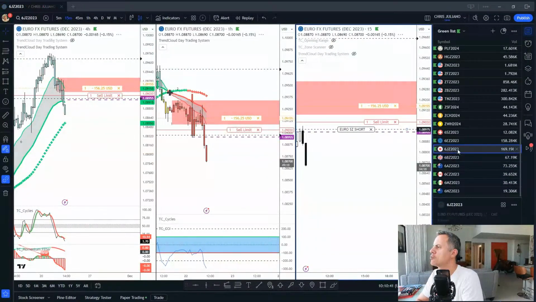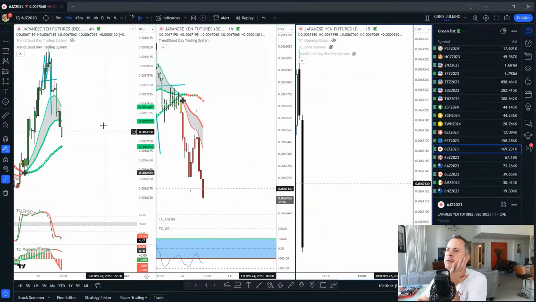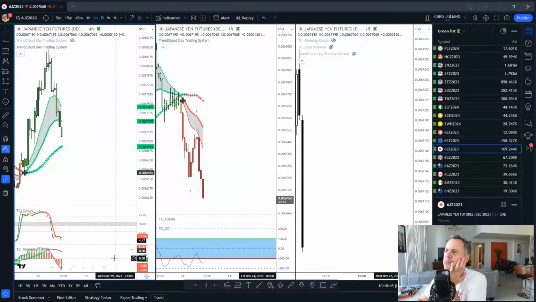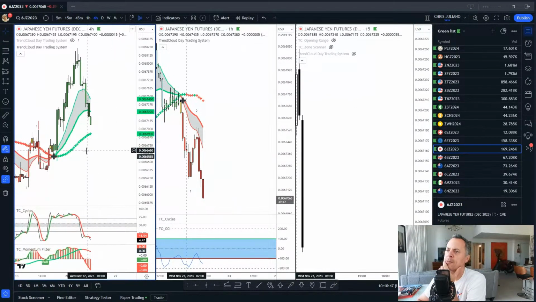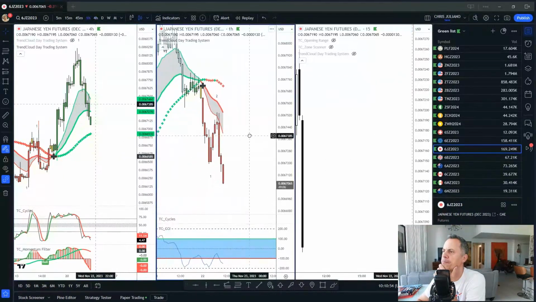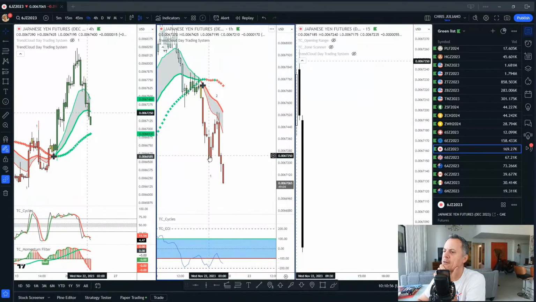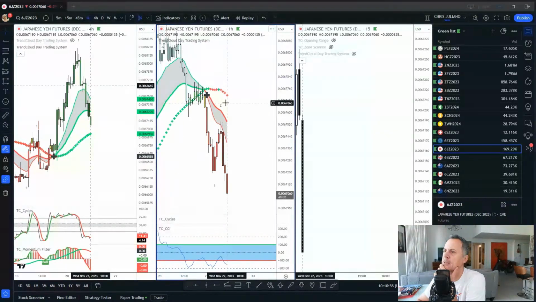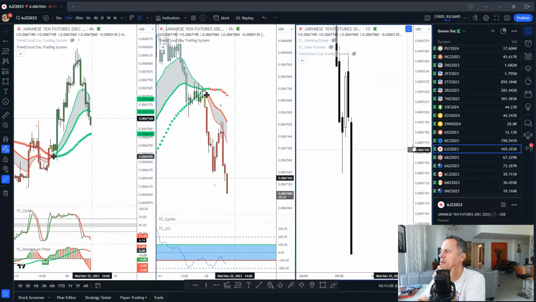Okay. Japanese yen, 4-hour chart in an uptrend, but momentum is down. Cycling down, momentum down, down on the 1-hour chart.